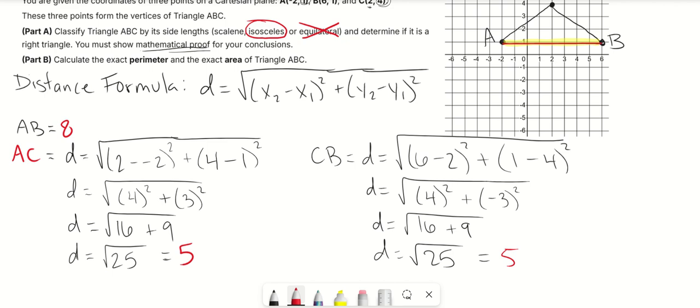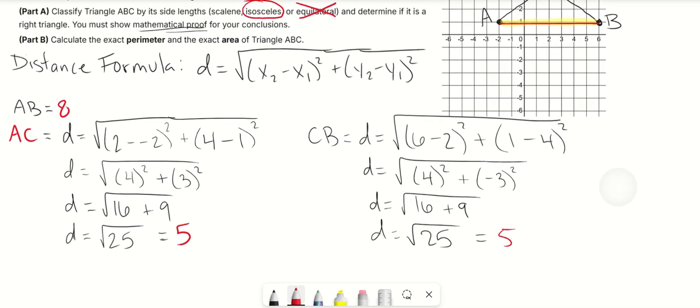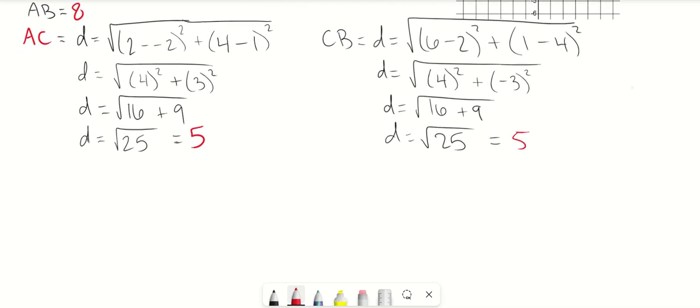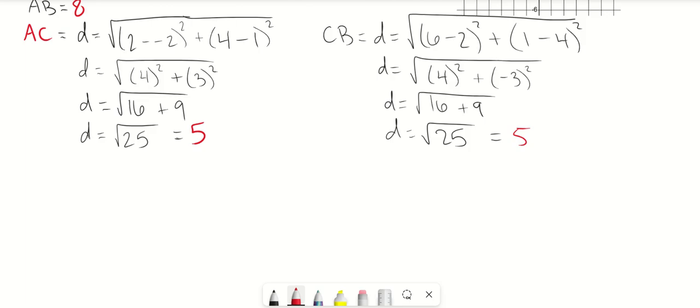Now, there's still a second part of part A. Determine if it is a right triangle. Now, there are a few different ways that we could determine if it's a right triangle. The way that I think is going to be the easiest for us is to plug into the Pythagorean Theorem.